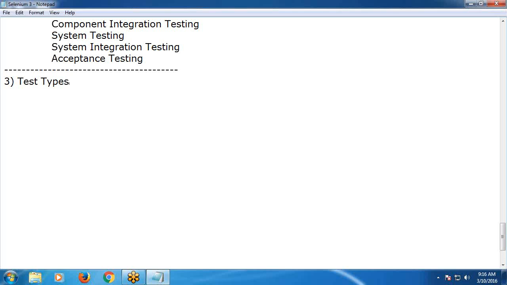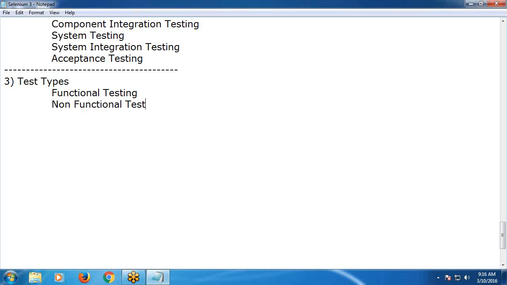Basically, we have two test types: functional testing and non-functional testing.